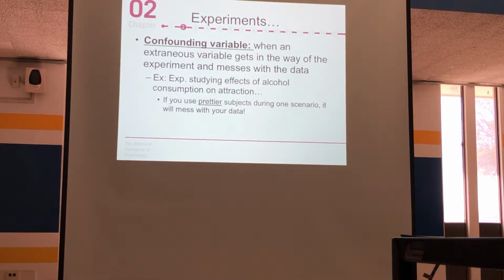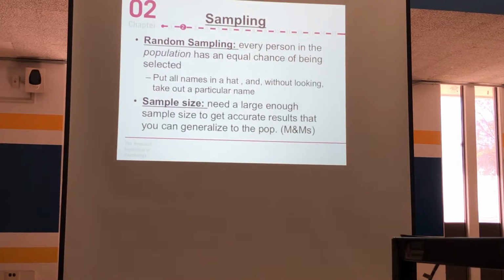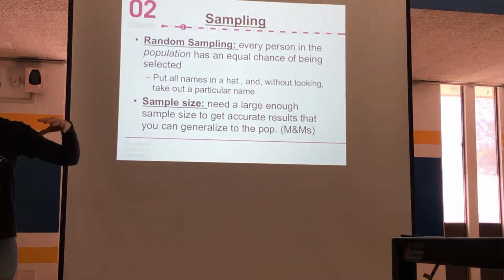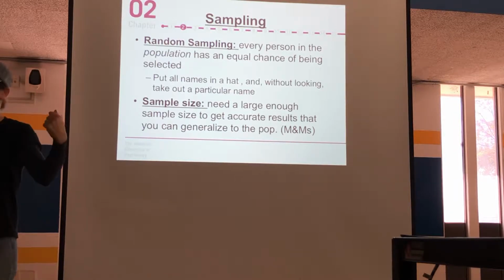Confounding variable, once again, is an extraneous variable that is not controlled. Good. Remember the M&Ms? That had to do with sample size, but first, random sampling. How do we randomly sample? Put all the names of the population in a hat, and without looking, you pick out however many you need. How do you randomly assign? You flip a coin for each name.